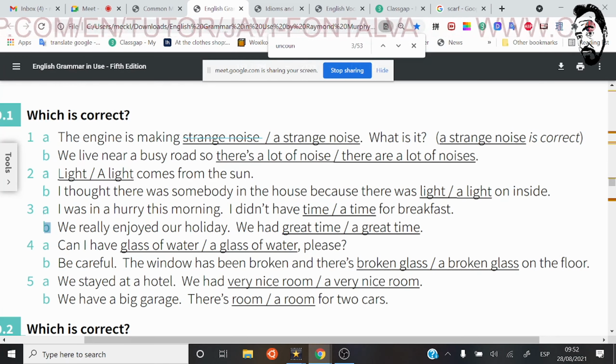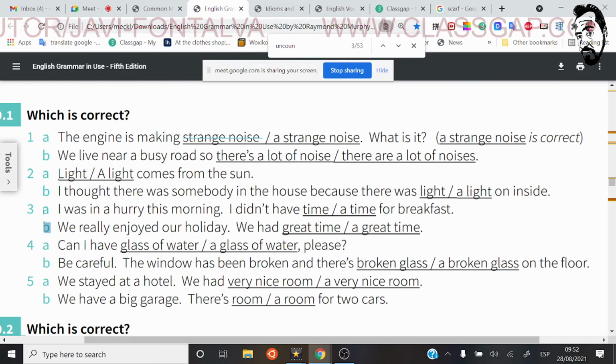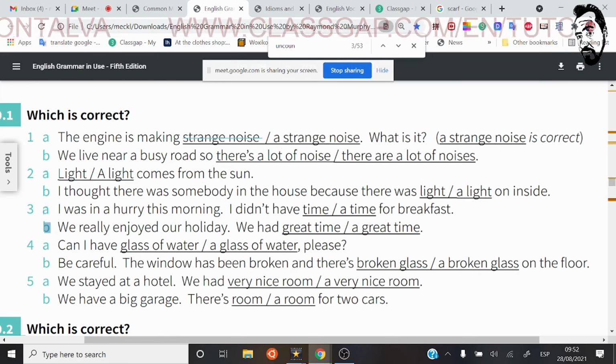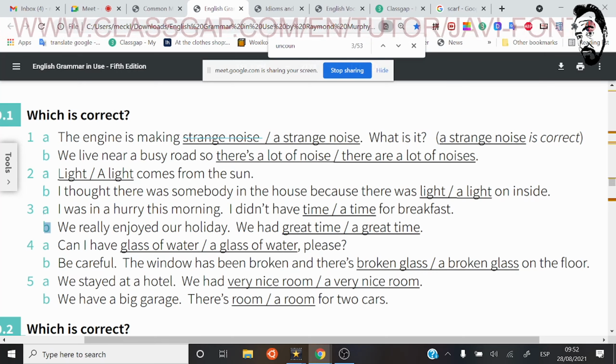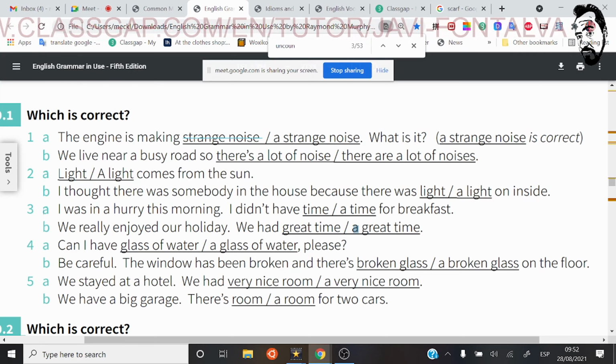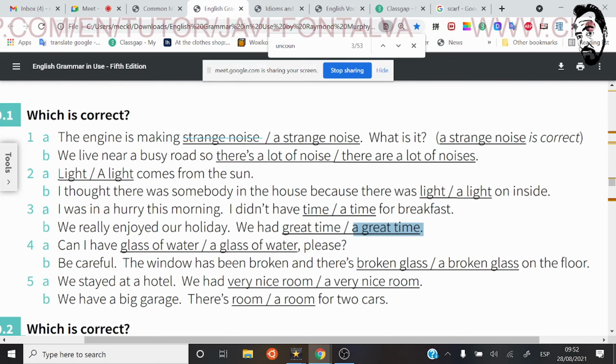We really enjoyed our holiday. We had a great time. Exactly. So here we talk about a specific time. So we had a great time.